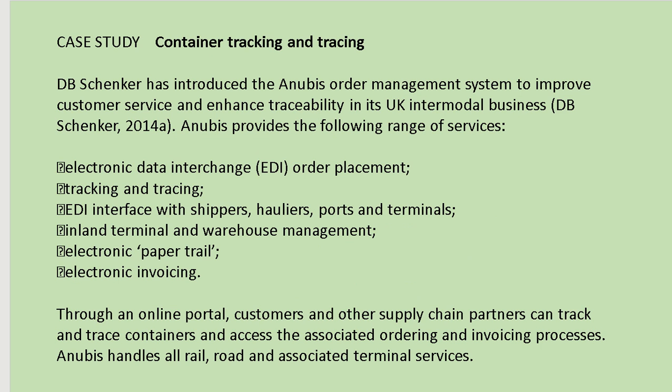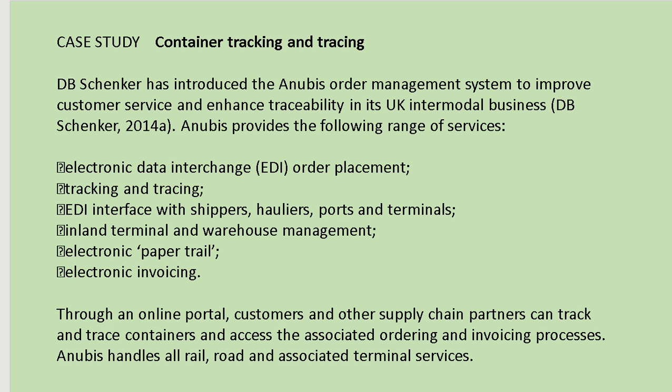So here there is a case study by DB Schenker. DB Schenker has introduced the Anobis order management system to improve customer service and enhance traceability in its UK intermodal business. Anobis provides the following range of services: electronic data interchange (EDI) order placement, tracking and tracing, EDI interface with shippers, hauliers, ports and terminals, inland terminal and warehouse management, electronic paper trail and electronic invoicing.